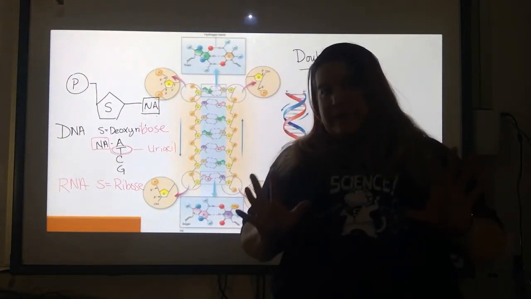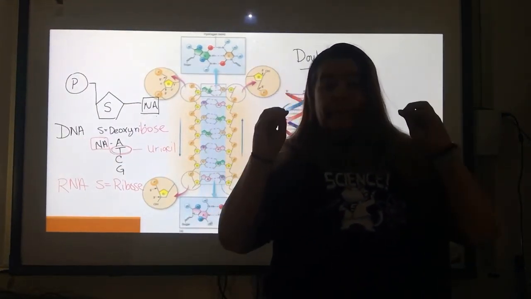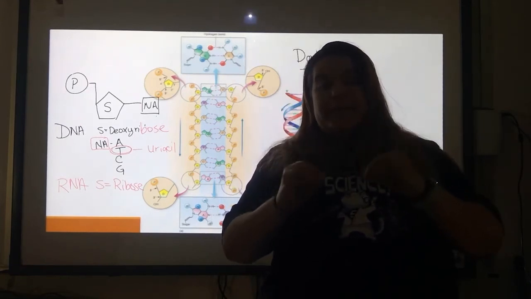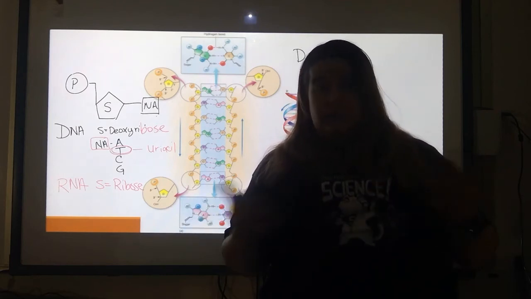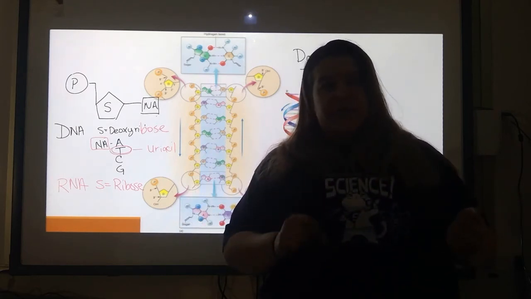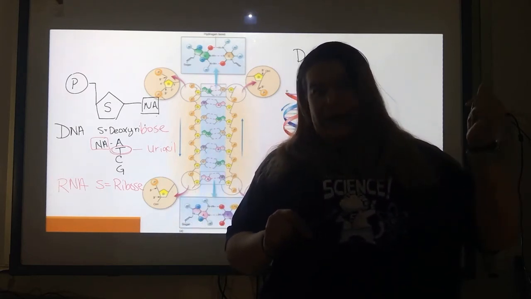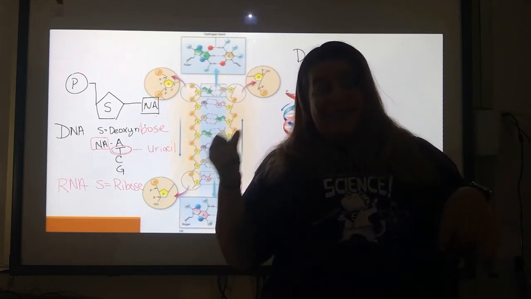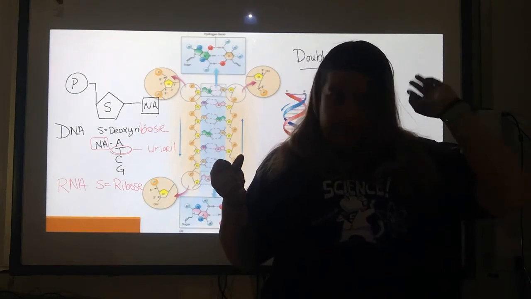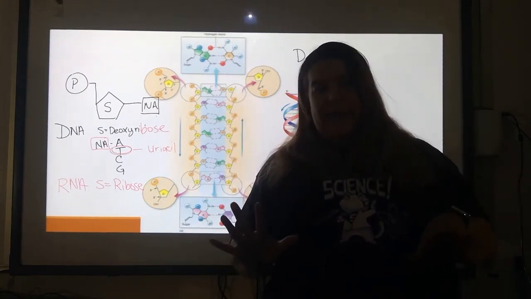The reason that I make the distinction primarily is so that if you get a sequence on a piece of paper, the minute that you see uracil, you can automatically identify that you're looking at RNA. The minute that you see a thymine, it's, again, automatic, you're looking at DNA.